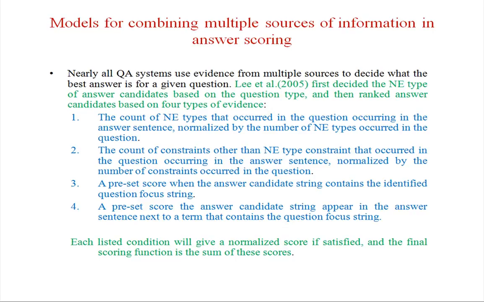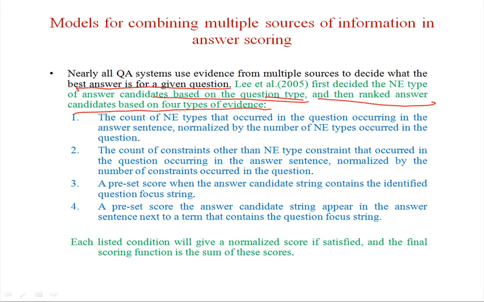Models for combining multiple sources of information in answer scoring. Nearly all question answering systems use evidence from multiple sources to decide what is the best answer for a given question. Lee et al. first decided the named entity type of answer candidates based on the question type, and then ranked the answer candidates based on 4 types of evidence.